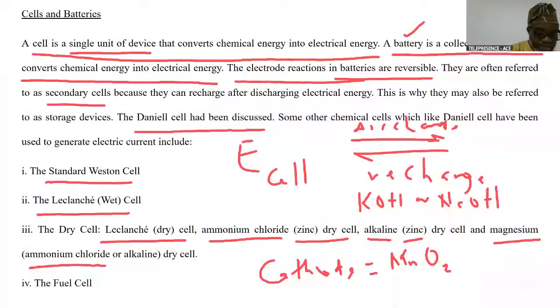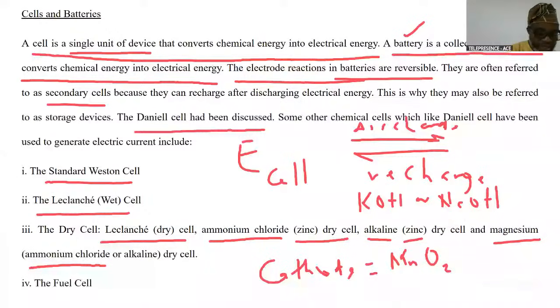And on the cathode, the manganese dioxide takes up some of the water around it, and also takes up the electrons coming from the anode, to give you manganese 3 and hydroxide, which in the presence of zinc ion produces zinc hydroxide. That is the cell reaction.